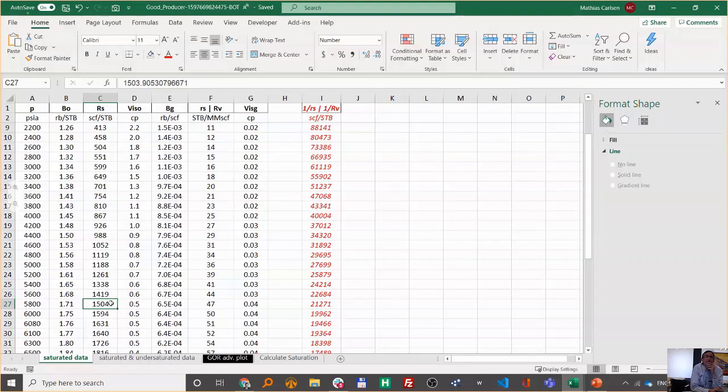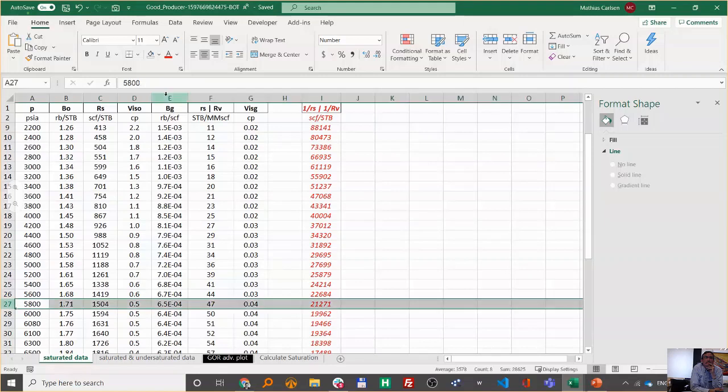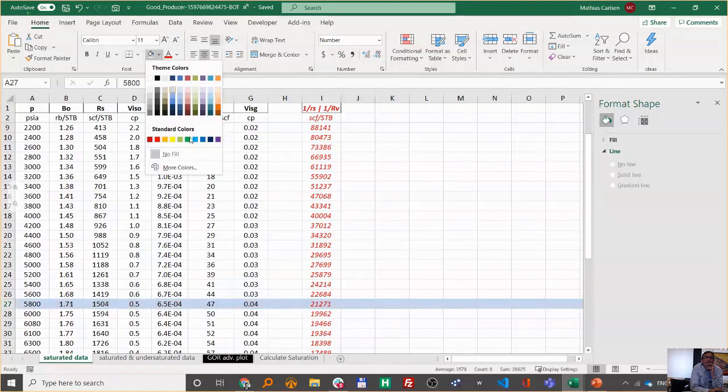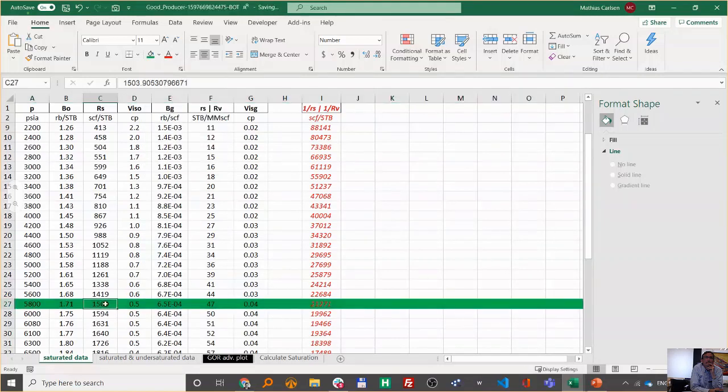But we see that at these conditions right here, the saturation pressure of the fluid with this associated GOR is 5,800. We see that this is below the pressure that was given in the grid cell, which was 8,500. So we know that we're at the undersaturated conditions.